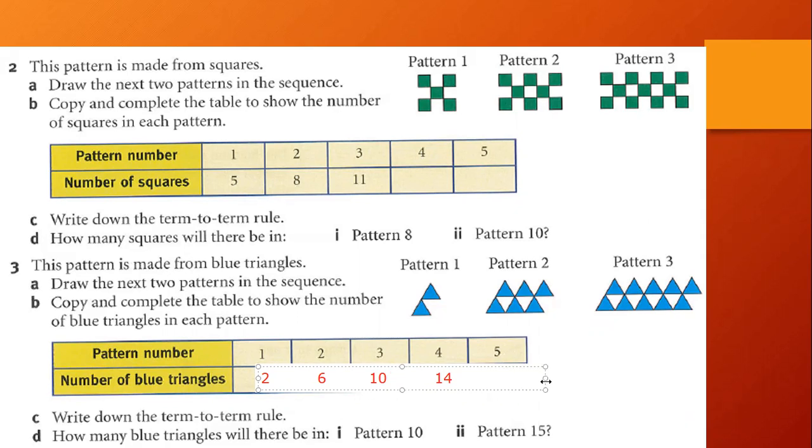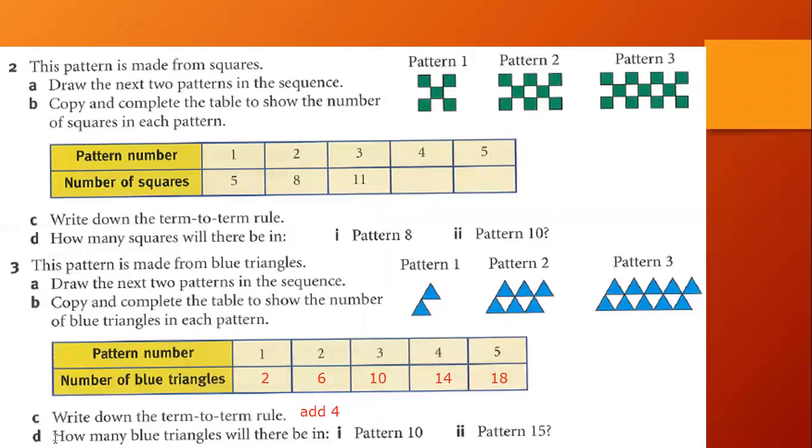Let me write here 18. So here is our pattern. The next two we draw like that. The 14 I will draw here, I will show you later, and the last one is 18. So what is the term to term rule? Add 4. Here I write add 4.